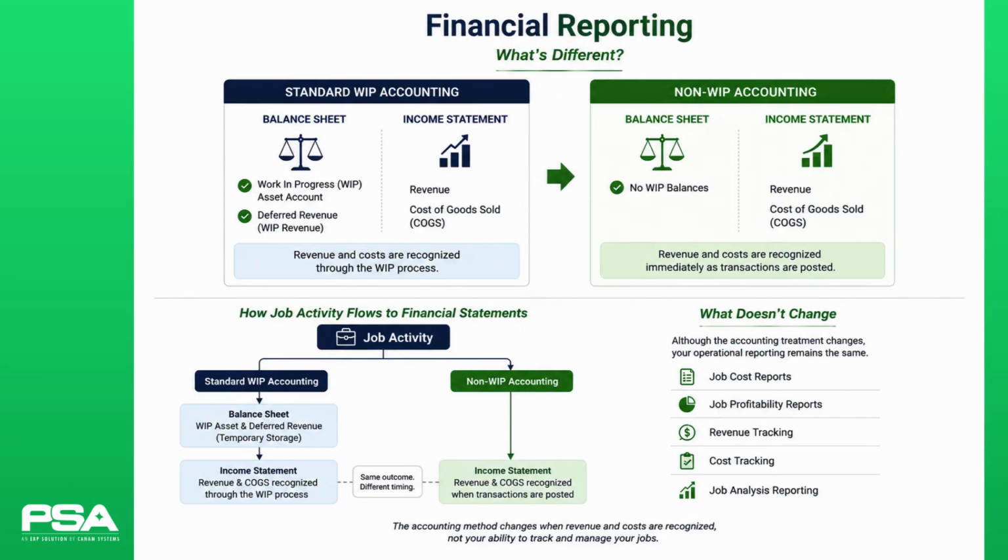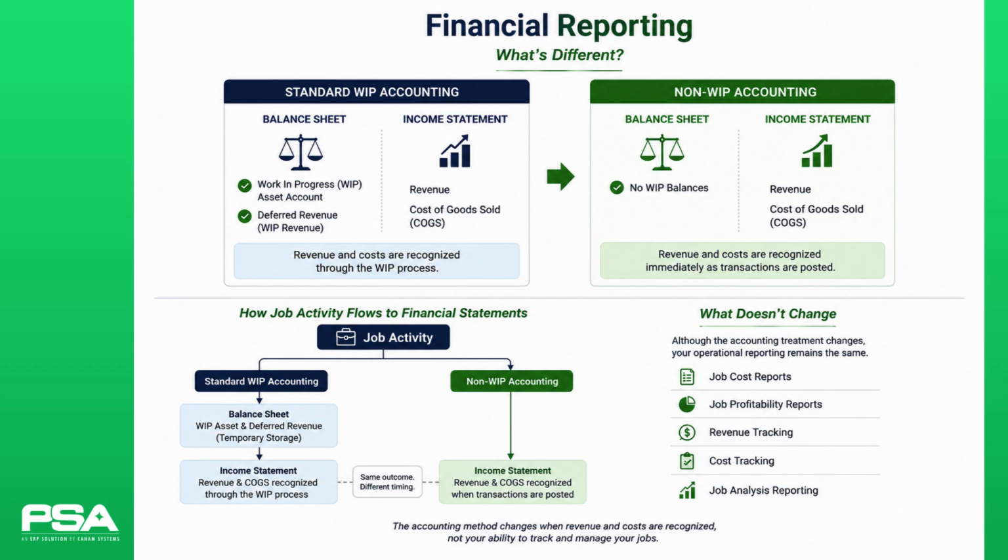Non-WIP changes the accounting treatment, but it doesn't remove the job costing tools contractors use to manage their business. Your operational reporting remains the same. You'll continue to have access to job cost reports, job profitability reports, revenue tracking, cost tracking, and your job analysis reporting.